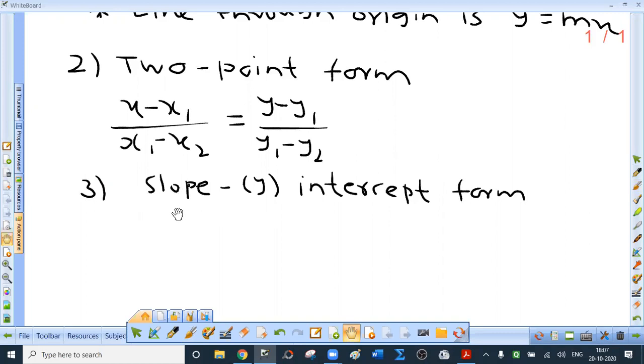Now third form, slope y-intercept form. Usually we say slope intercept form, but by intercept we mean y-intercept. Give the title slope y-intercept form.